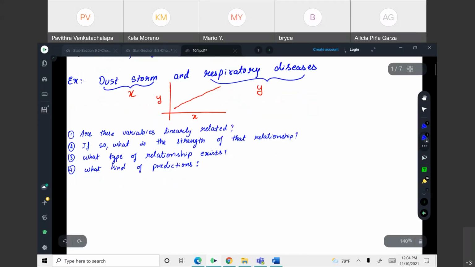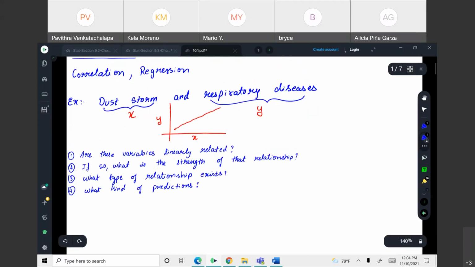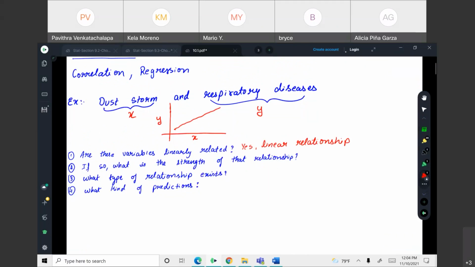Okay, now let's answer these questions. Are these variables linearly related? I would say yes, because it has a straight line and there is a linear relationship. Then, what is the strength of that relationship?